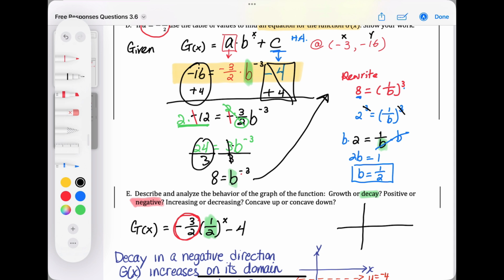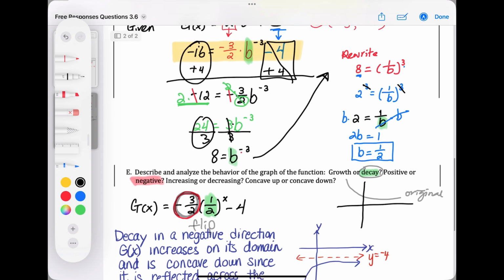So let's talk about the decay. Knowing the decay, my original graph should be like this, going down. But my leading coefficient is negative, so that tells me there is a flip. I'm going to flip over my horizontal asymptote.